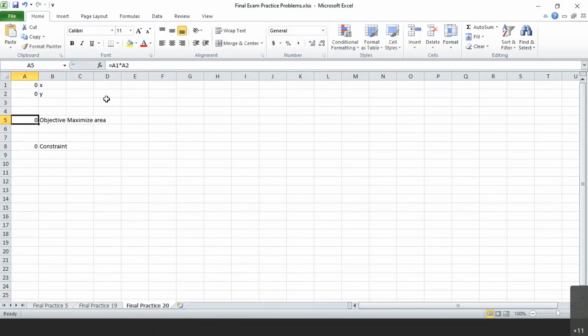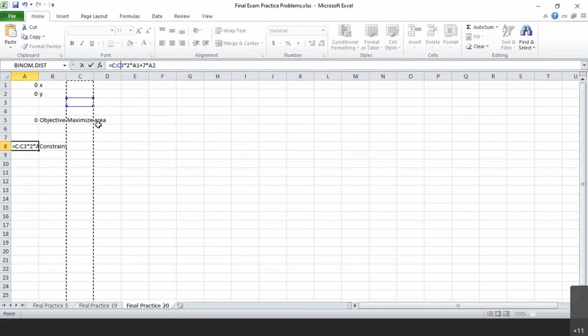And here's the area formula, x times y. Here's the constraint. I have 3 times 2 times A, that's 6. I could say 6 times A1 plus 7 times A2 is my constraint. And then if you wanted to, you can put the constraint value over here.